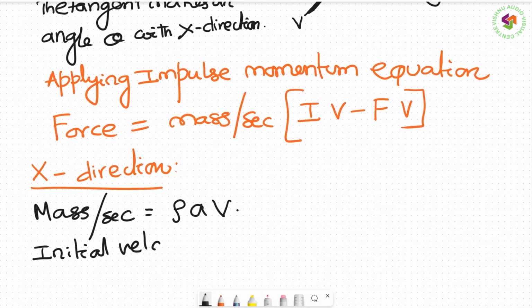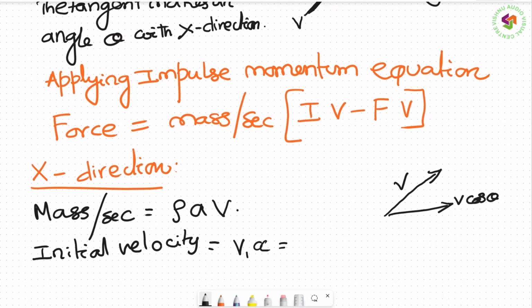Then initial velocity. Which direction do we have to take? I have already defined at the top, the x direction. So what will be the initial velocity? We call it v1x. v1x is equal to how much? This is how it strikes. This is V. So it will be V cos theta. Right? V cos theta. Final velocity in which direction again? X direction.